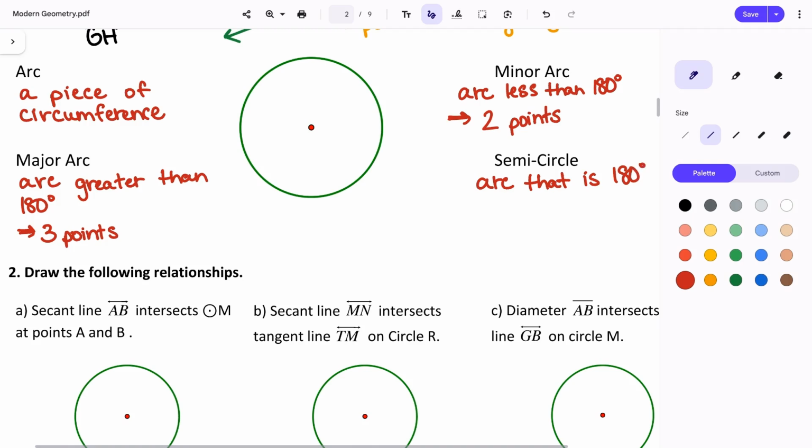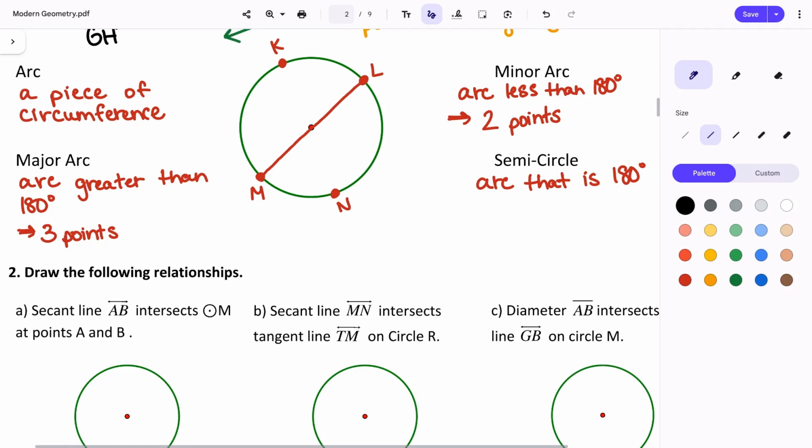Okay, I'm going to add some points to my circle here. The first thing I'm going to do is draw in a diameter. Let's start by naming the major arc.